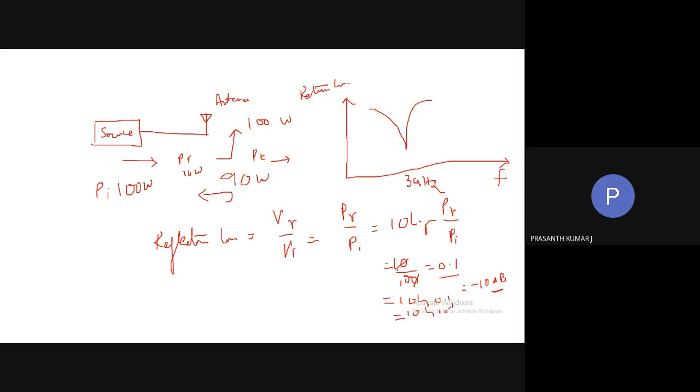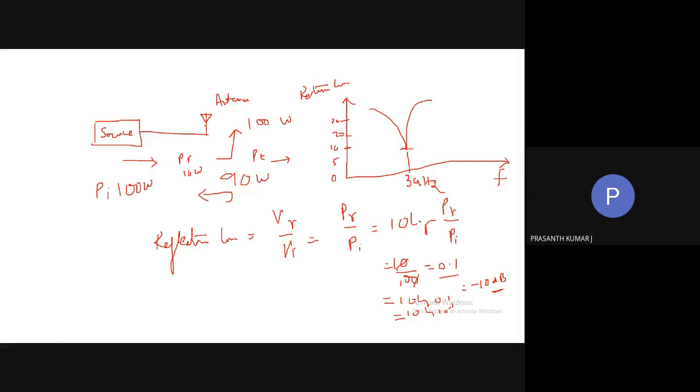So this is 0, 5, 10, 20, 30 like that. So on the negative scale, a higher loss value means less power is going back. So here what we are observing at 3 gigahertz, only 10 dB loss it is having, which means very little power is reflected back.